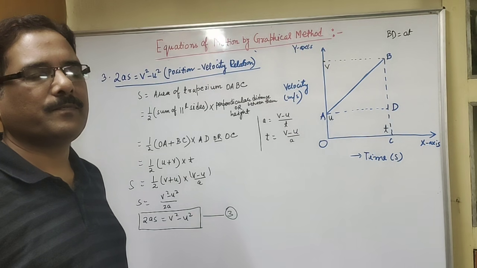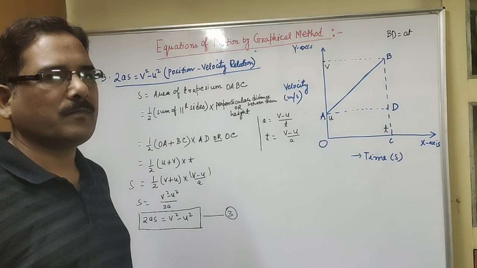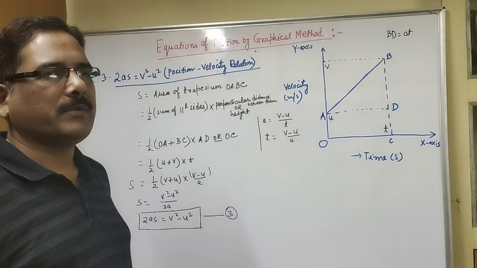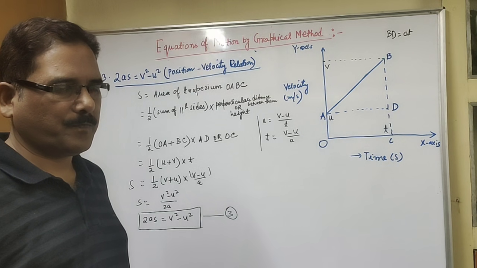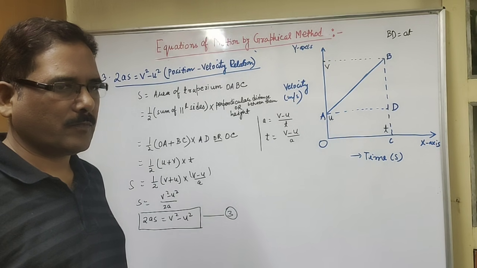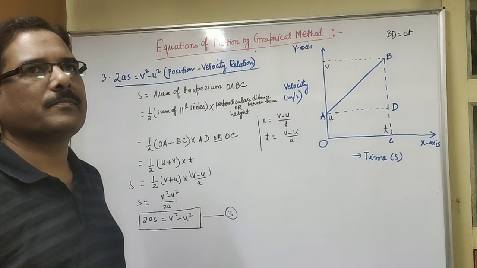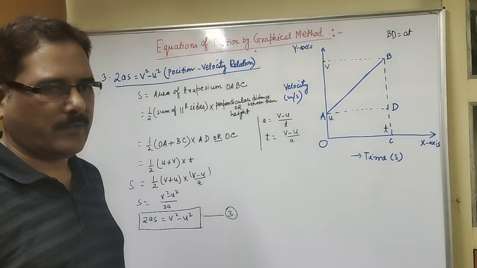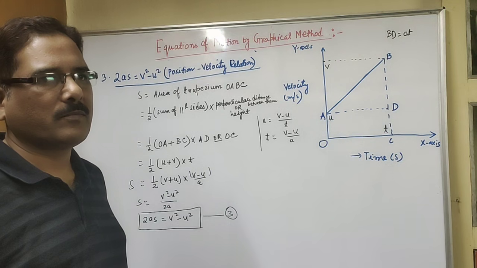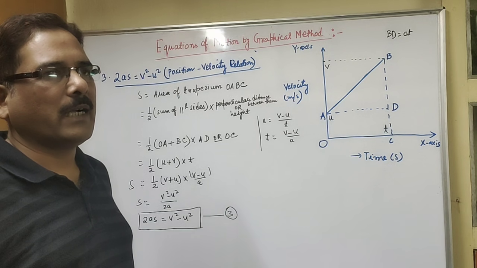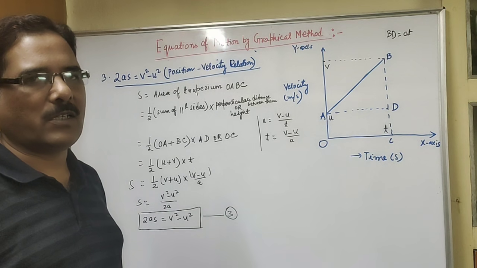Next you write, whenever an object is thrown upwards or retarding, its final velocity is zero.